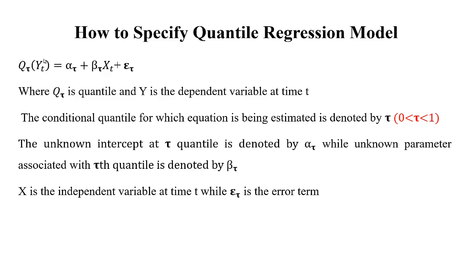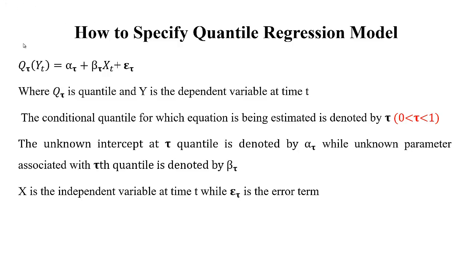So you can change the tau between 0 and 1. So the tau is less than 1 but greater than 0. So it must not be 0 and it must not be 1. So the value should fall between 0 and 1.